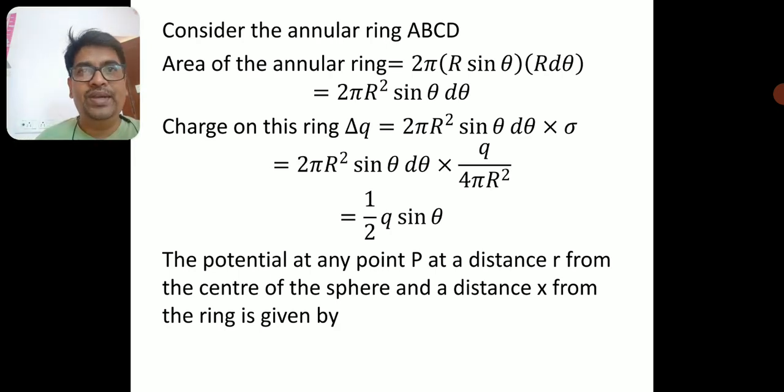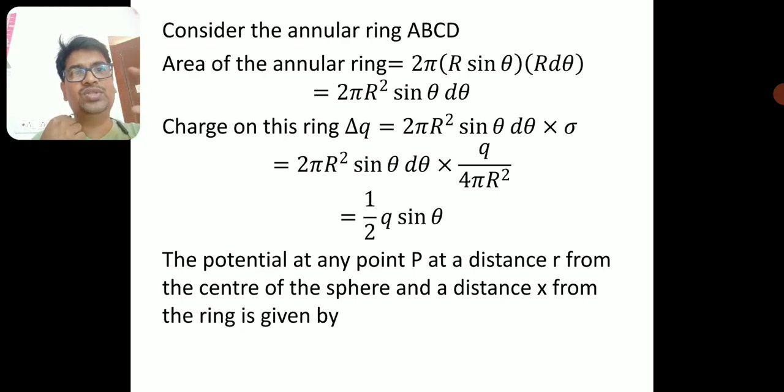So now I am going to substitute sigma here. Sigma, which I have already defined as the surface charge density, is charge per area, Q by 4 pi R square. So I am substituting that here. There are some quantities which are going to cancel here. So 2 pi R square will get cancelled, and I am left with a 2 in the denominator.